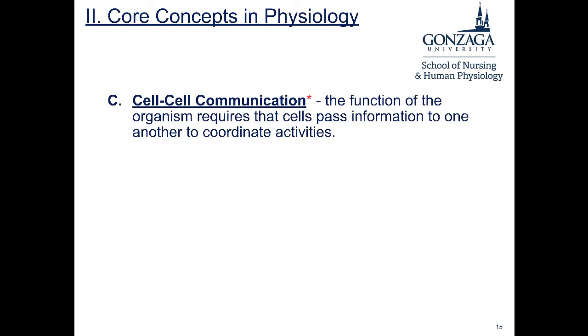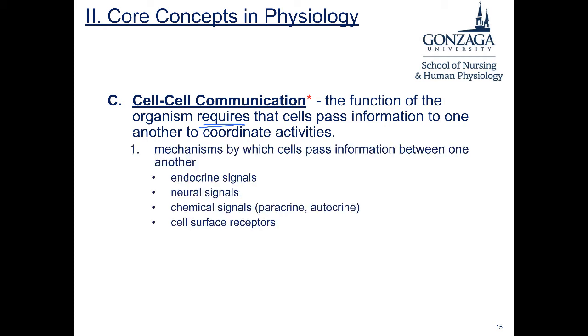The next core concept is cell-cell communication, or just cell communication. Basically, the function of an entire organism absolutely requires that cells pass information from one another to coordinate activities. So it's communication. Cells have to talk to one another. A variety of mechanisms exist for our cells to talk to one another.